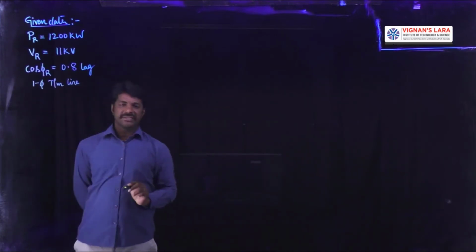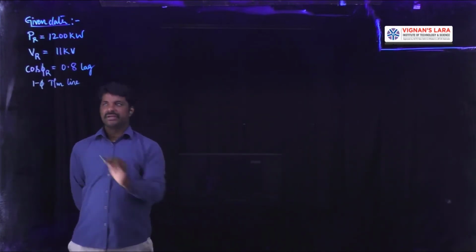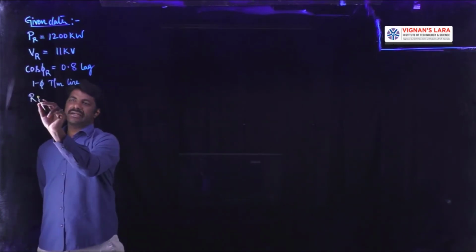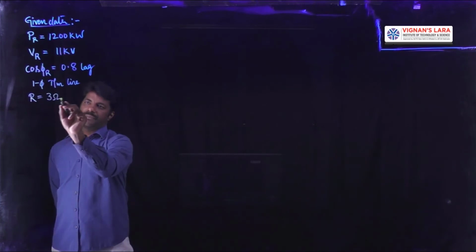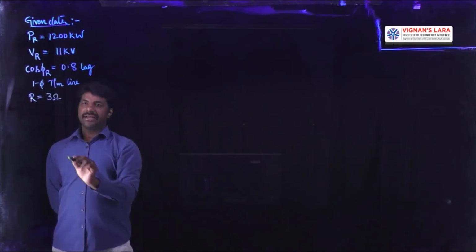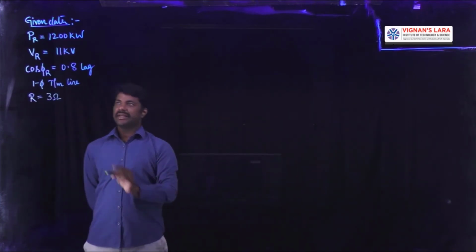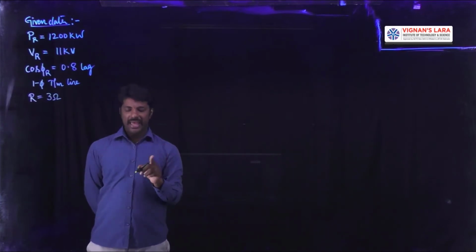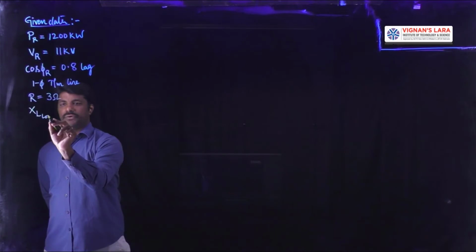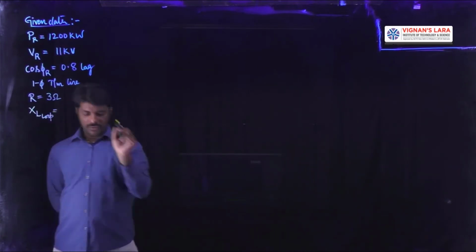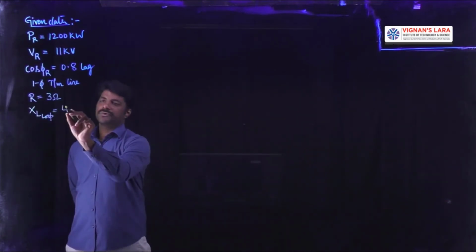This single phase transmission line is characterized by its loop resistance R, given as 3 ohms in the problem. Similarly, the inductive reactance for the entire loop, XL, is given as 4.5 ohms.